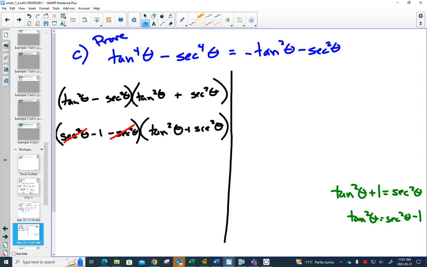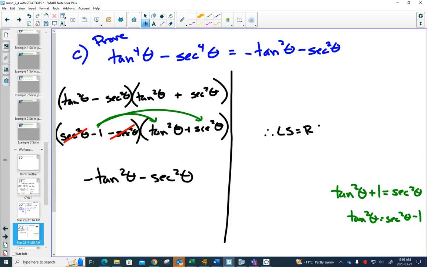And with that minus 1 in that bracket, if I distribute that minus 1, I would get negative tan squared minus secant squared. And we're done.